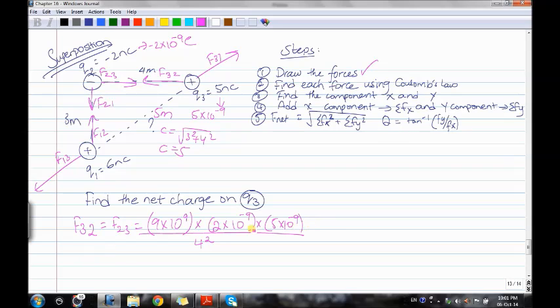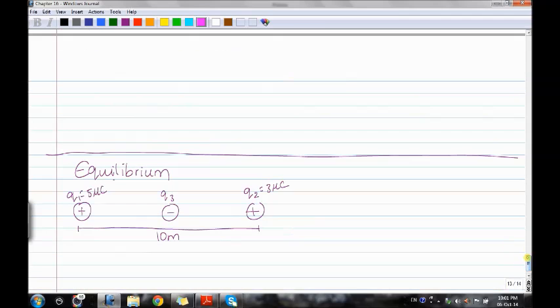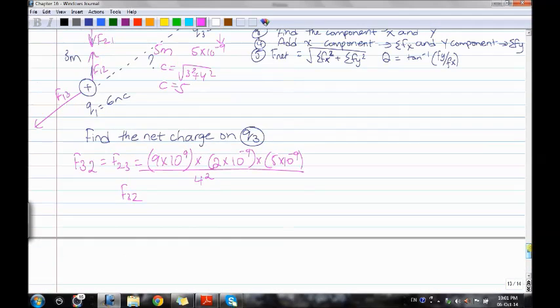So here the answer would be 5.6 times 10 to the power of negative 9 Newton. And it's attractive because the two charges are unlike. They're negative and positive.